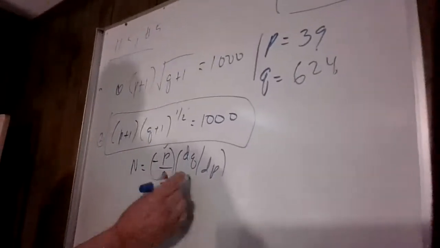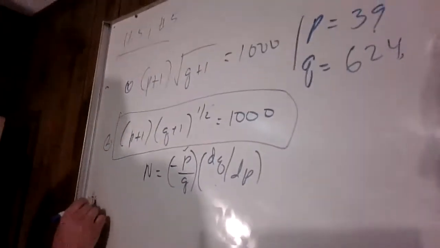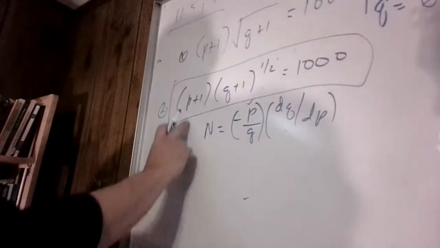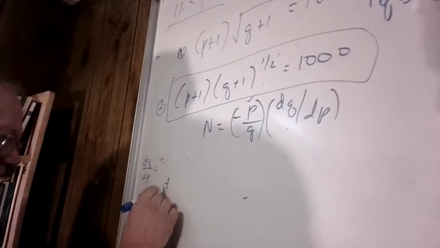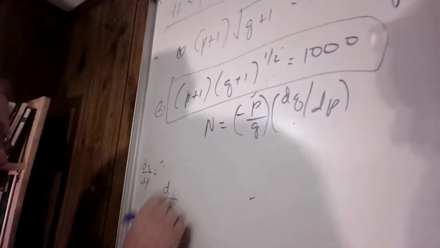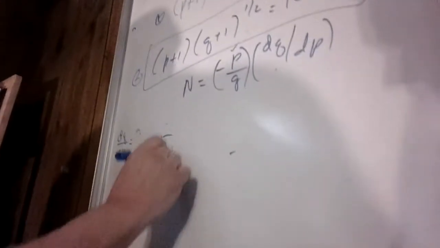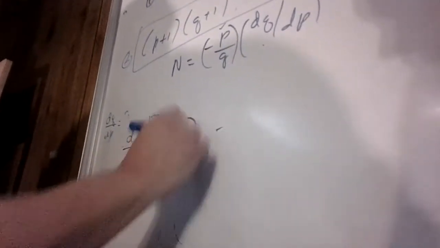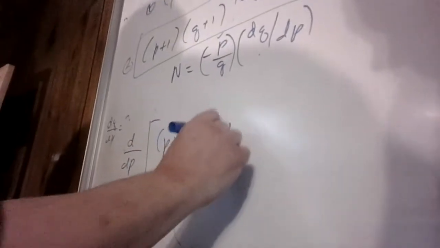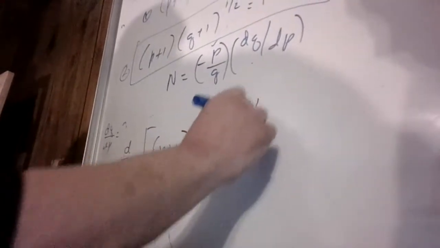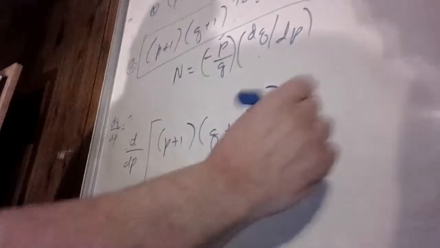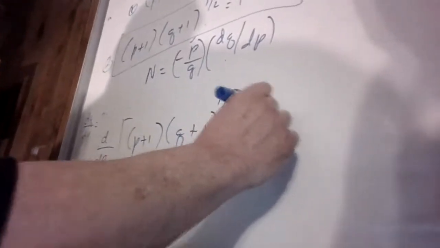Now I need dQ dP. So I'm going to take d/dP of this. P plus 1, Q plus 1 to the 1/2. I'm going to bring the 1,000 over to this side.